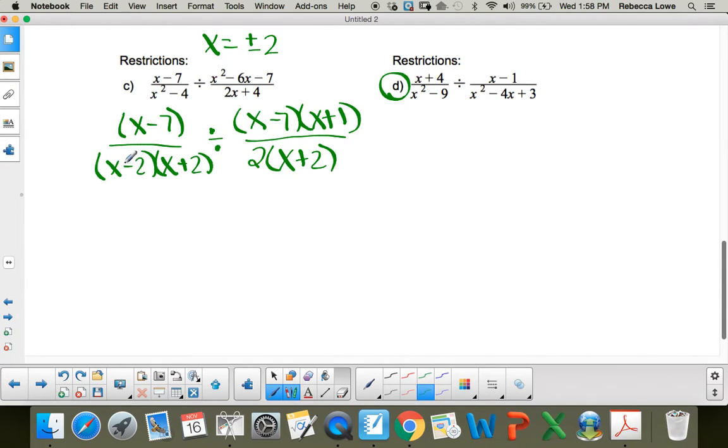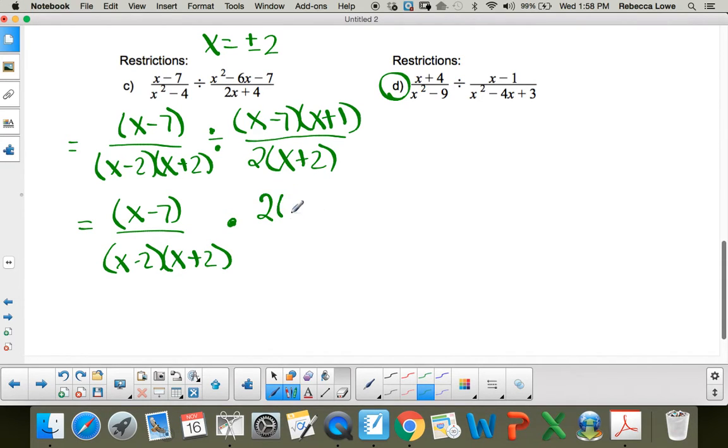Now I'm going to change division to multiplication. So I copy the first, I change division to multiplication, dot, flip the second. And I do have 2 new restrictions now because these numerators are now the denominator and I cannot divide by 0.